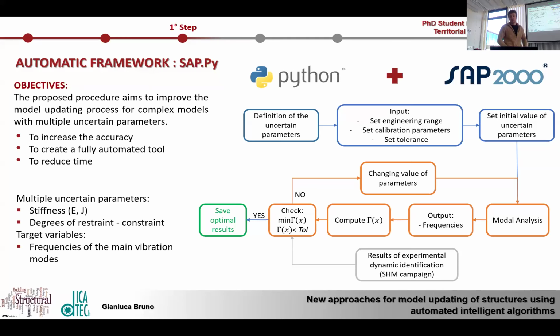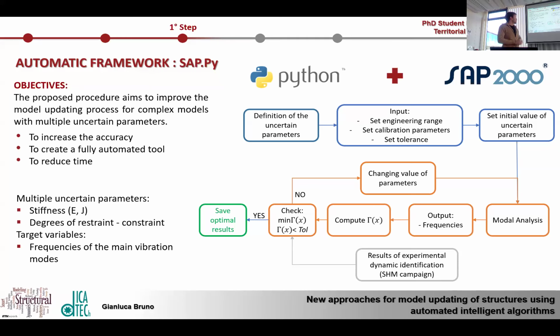The first thing to do is to set the uncertain parameters, which are related to the uncertain characteristics of the structures, such as the mechanical properties of materials or the degree of constraint, and set the target variable. Usually, we use the frequencies of the main vibration modes of the structure.